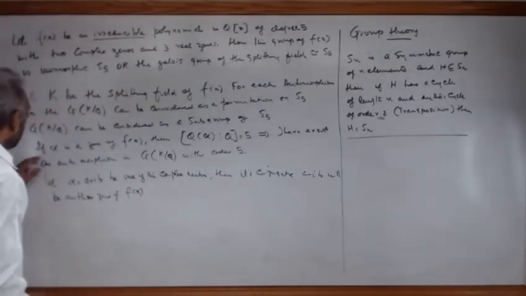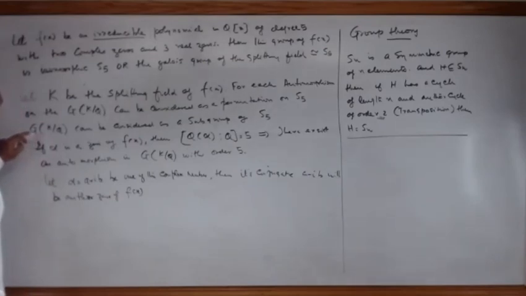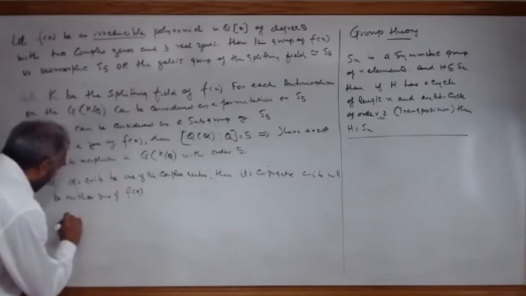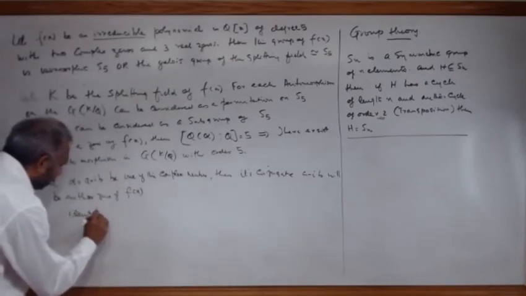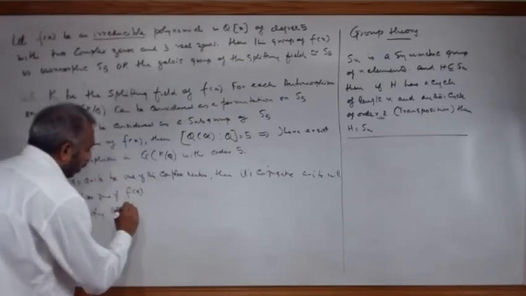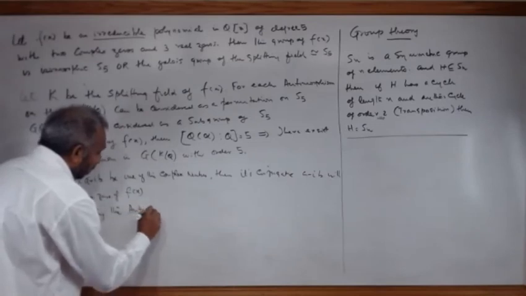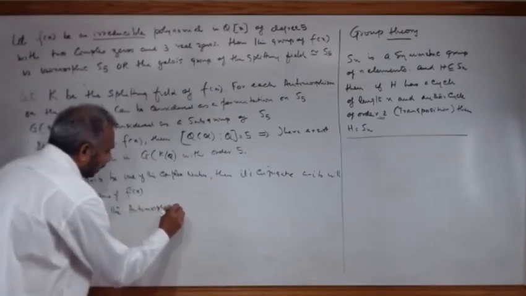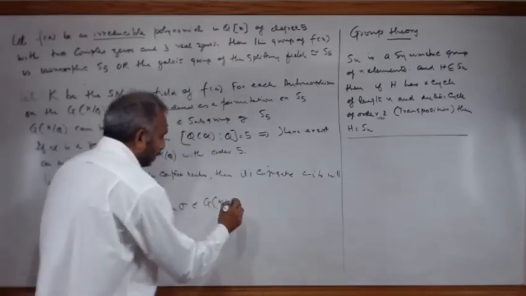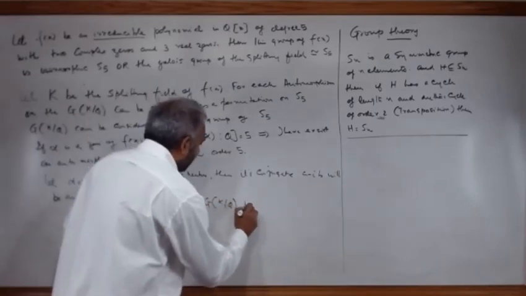So now we are going to identify an automorphism sigma in G(K/Q) that is defined as follows.